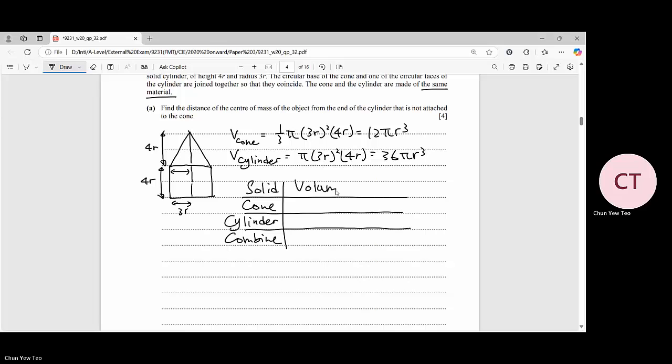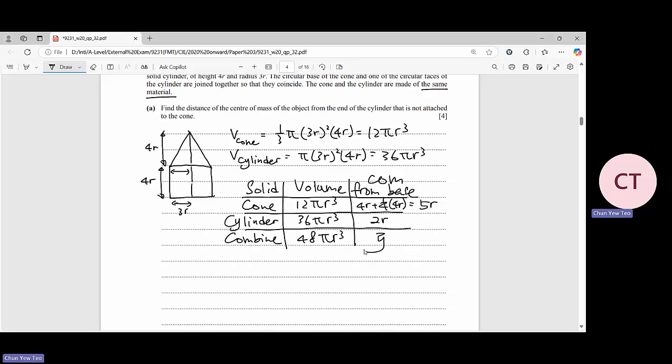Volume: the cone is 12 pi r cube, this one is 36 pi r cube, this one is 48 pi r cube. The center of mass from the base: for the cone, it will be 4r plus 1/4 times 4r, and for the cylinder, it will be just 2r.